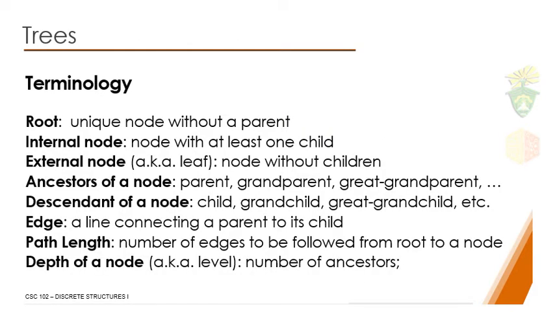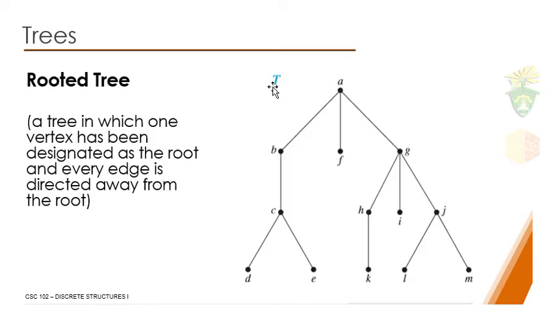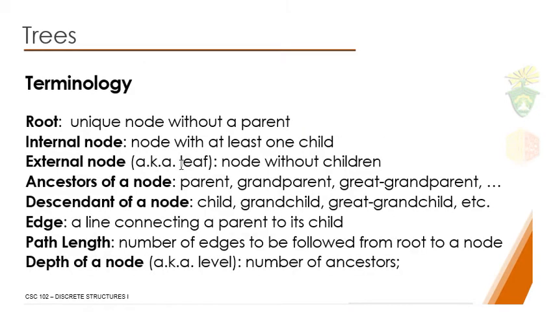And then internal nodes are the nodes with at least one child. Internal node, from the word internal. So from the root, gikan sa iya, itong mga nodes nga naapoy children, ato ang internal node.